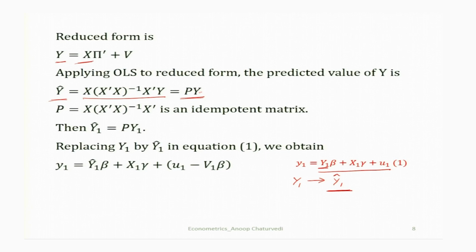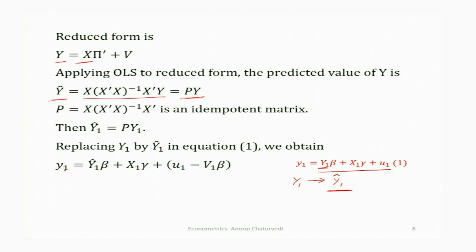So, from this equation we obtain Y 1 hat equal to P Y 1. So, just take the corresponding elements from both sides. So, Y 1 hat is equal to P Y 1. Then we replace Y 1 by Y 1 hat in equation 1. So, in this equation we replace Y 1 by Y 1 hat.